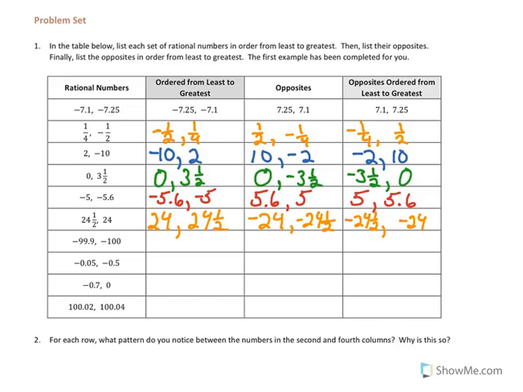All right, negative 99.9 and negative 100. Where does it fall on the number line? In this case, negative 100 would be to the left of negative 99.9. You would come to negative 99.9 first, and then you would come to negative 100.